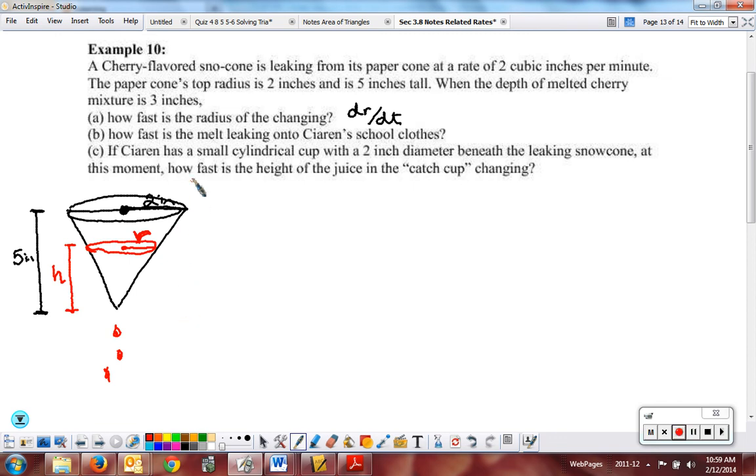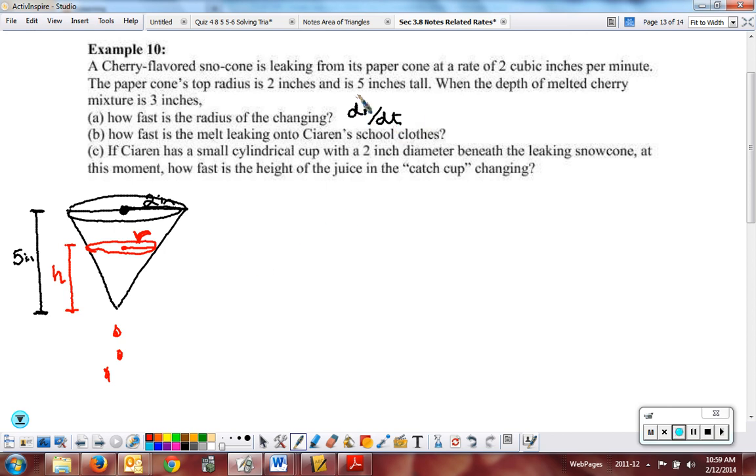All right. Now what's A? I'm asking for dR/dt. What are my variables? H, R, V volume, because this was something related. Maybe I should put down what I'm given.